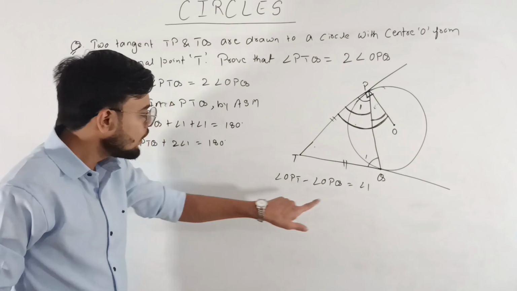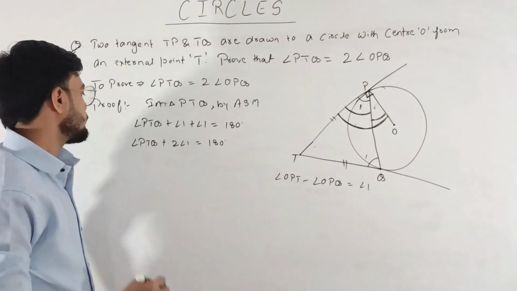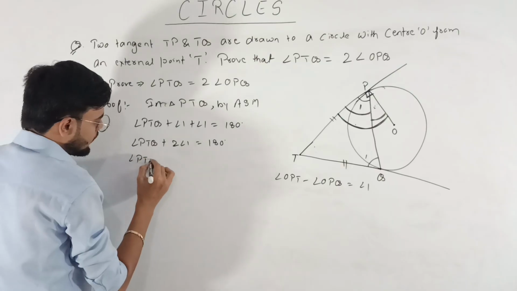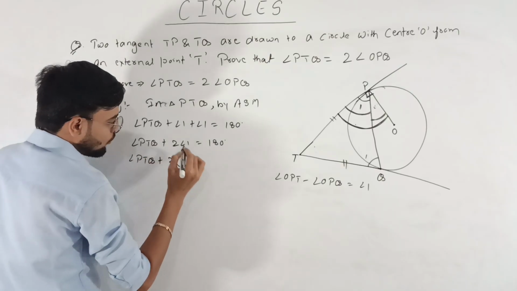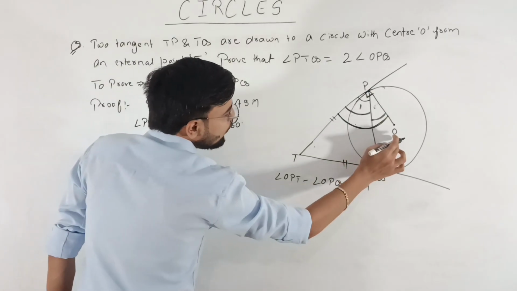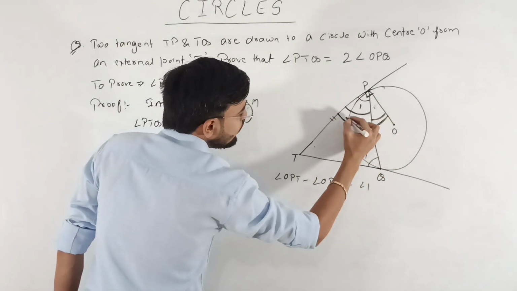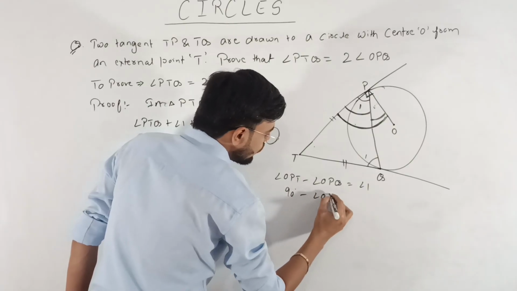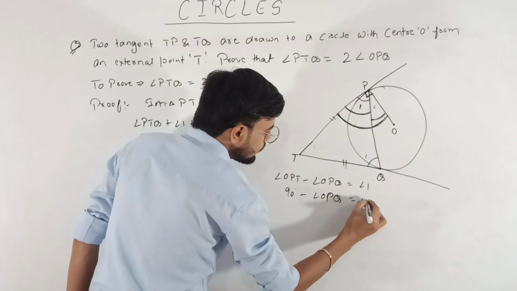So angle 1 is equal to what? OPT minus OPQ. So in place of angle 1, I write this in angle PTQ plus 2 of angle 1. Now angle 1 is OPT minus OPQ. Now angle OPT is 90 degrees. So 90 minus angle OPQ is equal to angle 1.